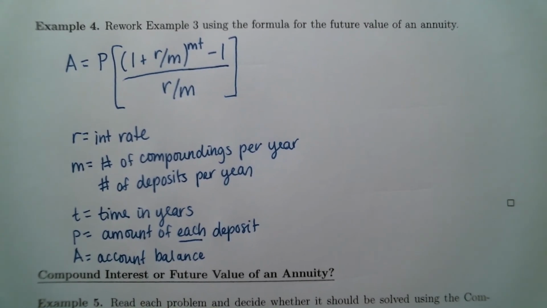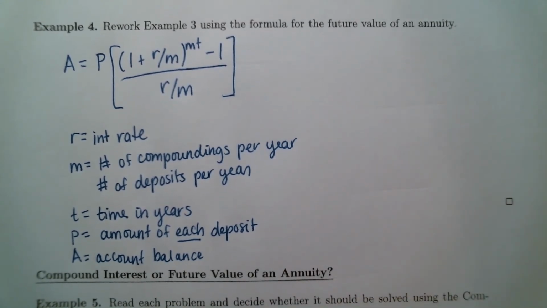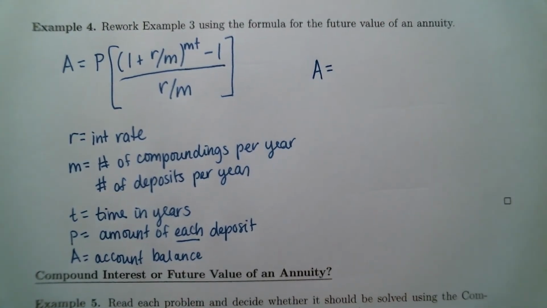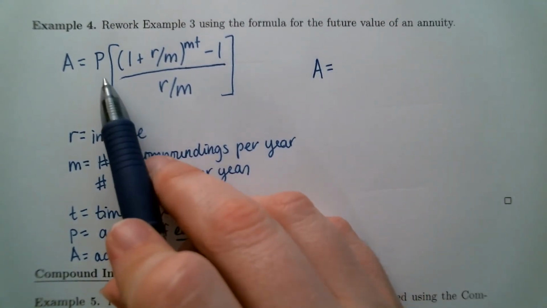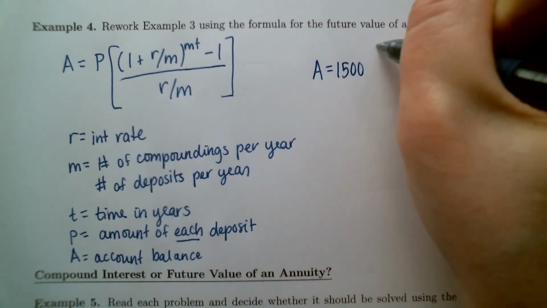All right. So for example 3, let's go ahead and plug everything in. We were looking for our account balance. Our P value is the amount of each deposit. Each regular deposit was $1,500.